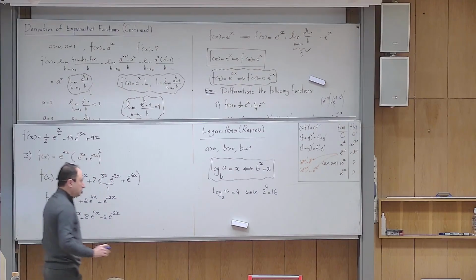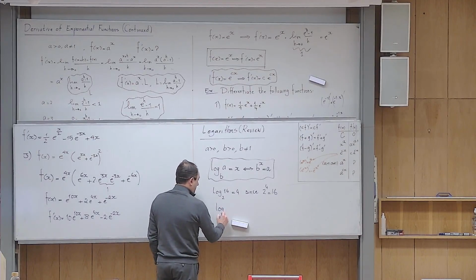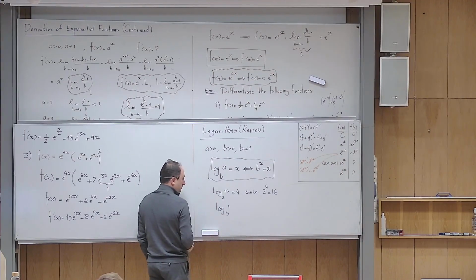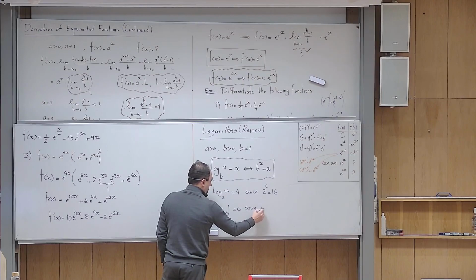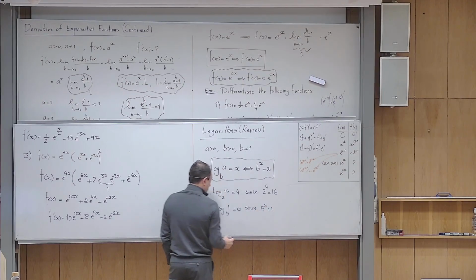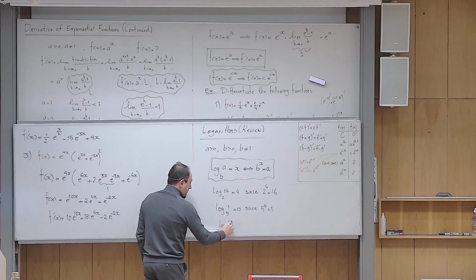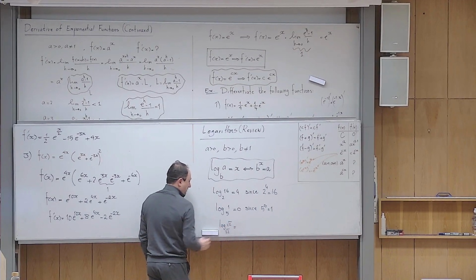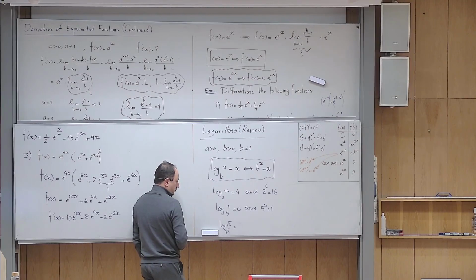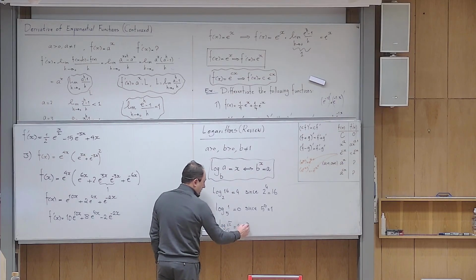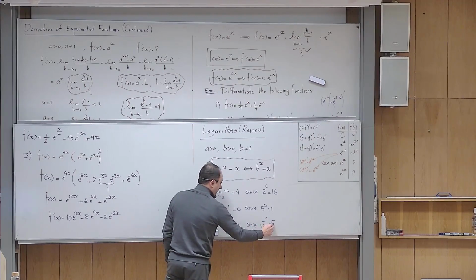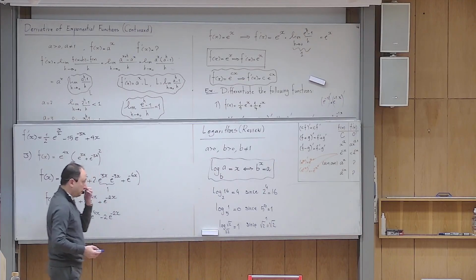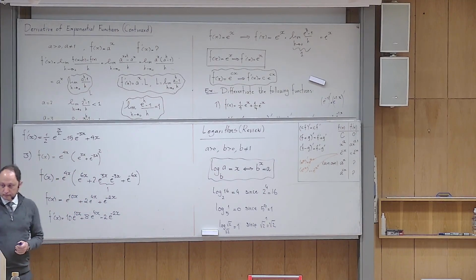And for example, logarithm of 1 to the base 5 is what? 0, since 5 to the 0 is 1. I don't know, for example, logarithm of the square root of 2 to the base square root of 2 is, what is this number? 1, since square root of 2 to the power 1 is indeed equal to this number. So that was the meaning of a logarithm.